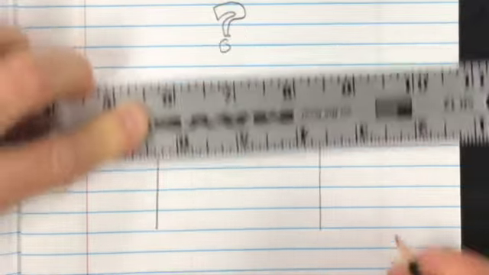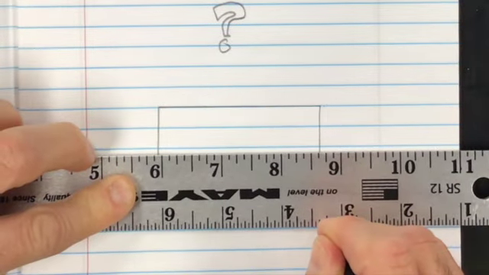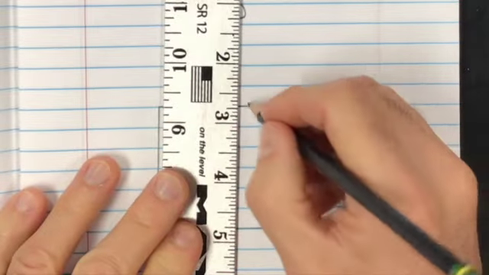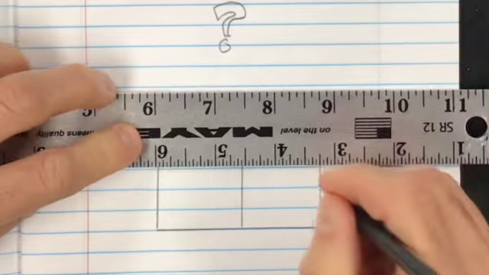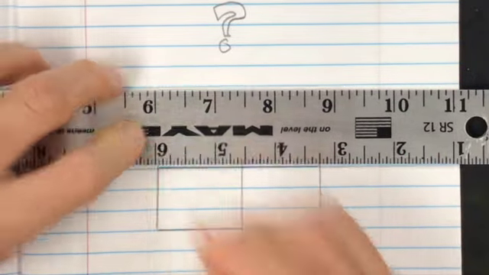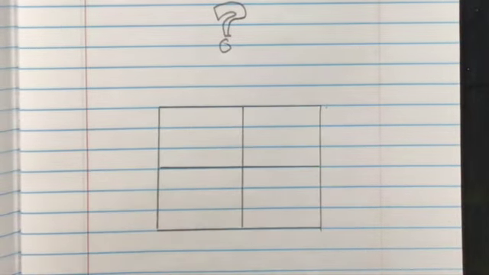Here we are. And in that square, I'm going to divide it up into 4 sections. It's like Foursquare, that game.